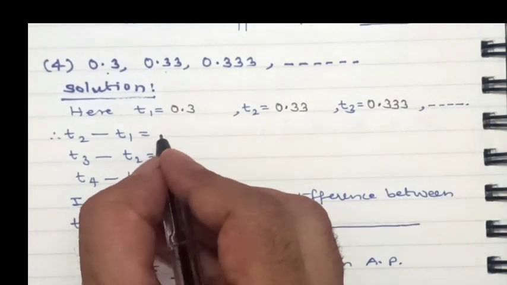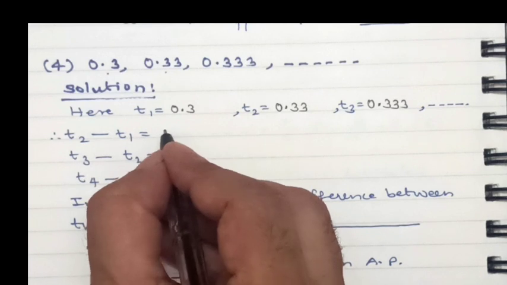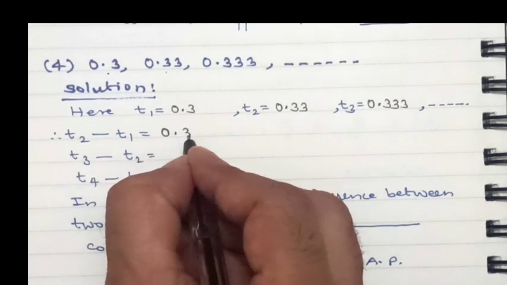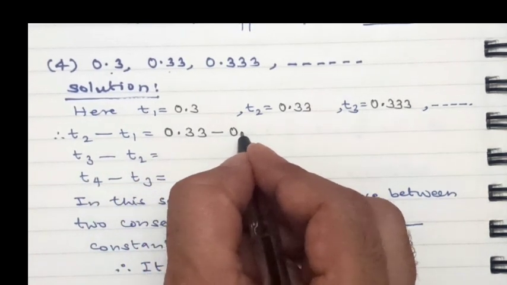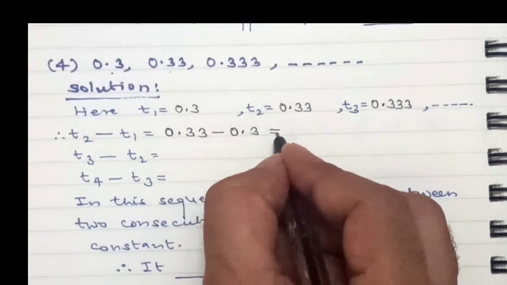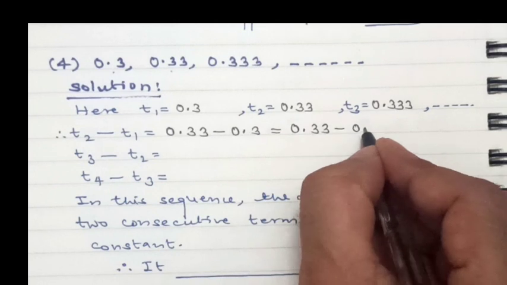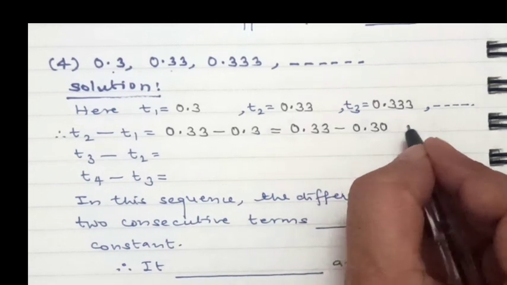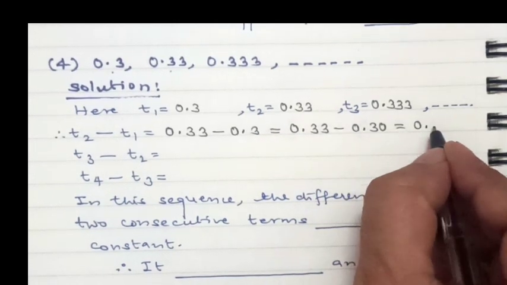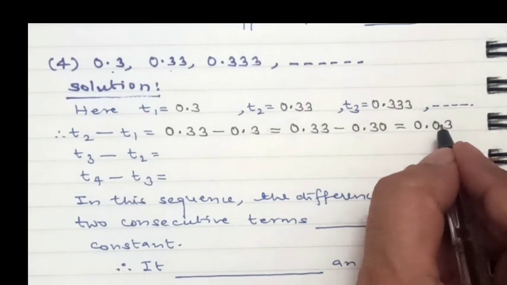Find the differences. Write T2, which is 0.33 minus 0.3, which can be written as 0.33 minus 0.30, which will give you 0.03.